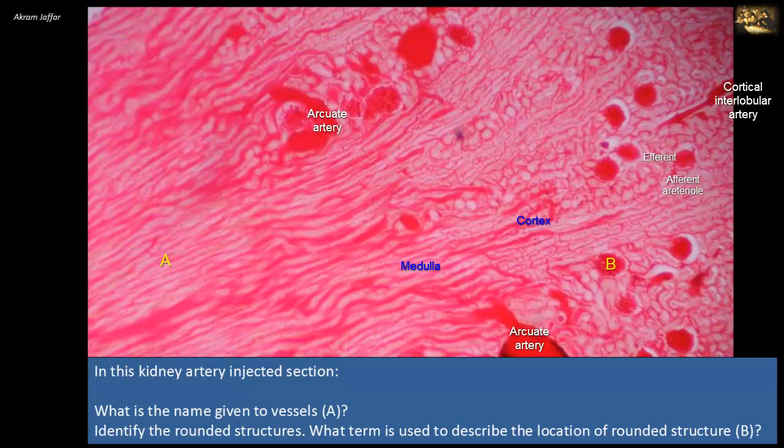glomeruli. The glomeruli are represented by the rounded structures like the one in B, because the glomerulus is in fact a tuft of capillaries. The glomerulus B is located very close to the medulla, so it's called a juxtamedullary glomerulus. In the medullary region, which is represented by A, there are no glomeruli.